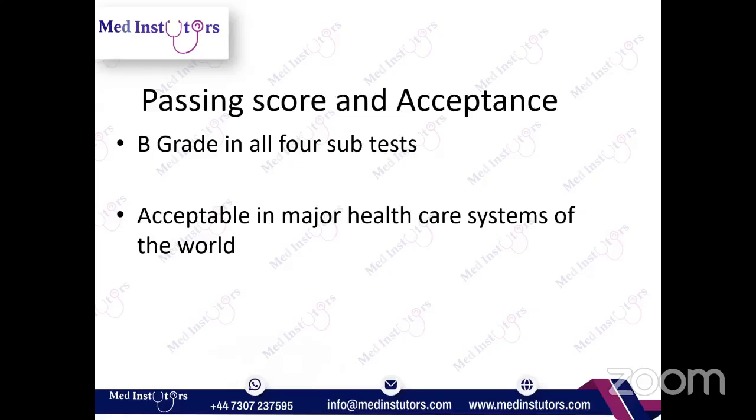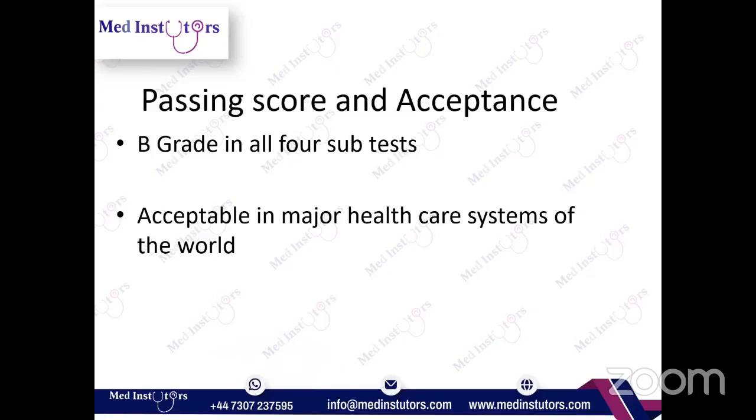And all the major healthcare systems in the world, like the NHS for the UK, the Australian Medical Council, the USMLE, and all other major systems where healthcare is very well defined and people go for training, commonly known among us as USMLE, AMC, and the NHS system, accept OET scores, and the minimum requirement is at least a B grade in all of the subtests.